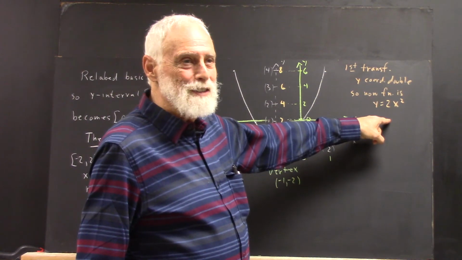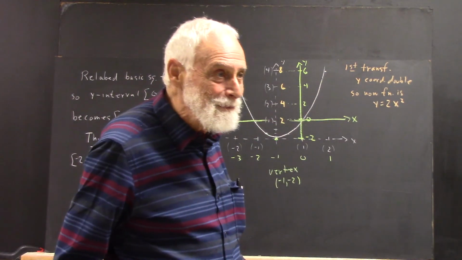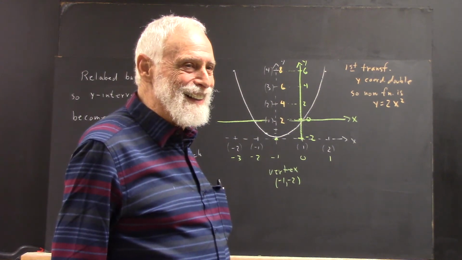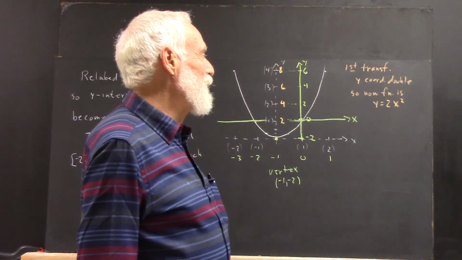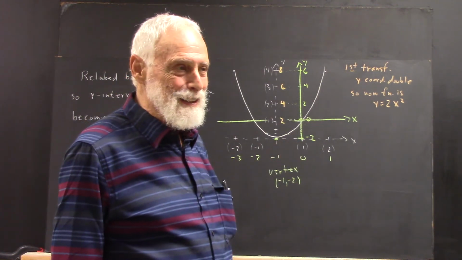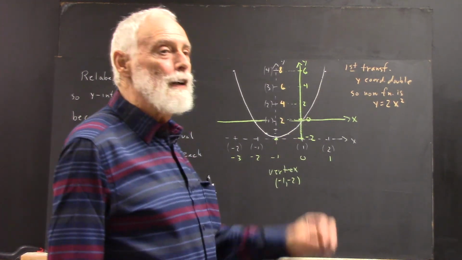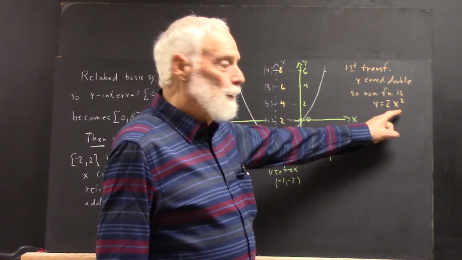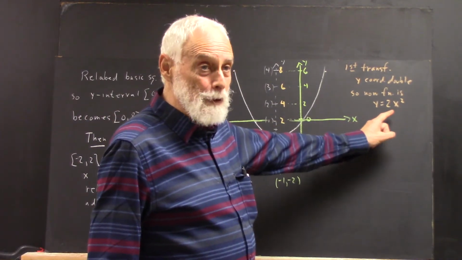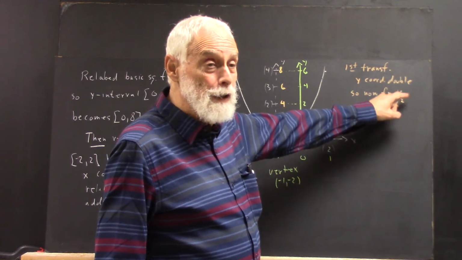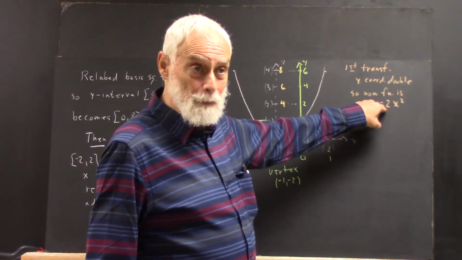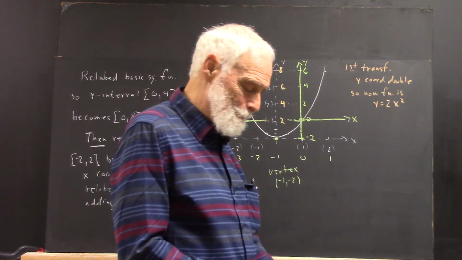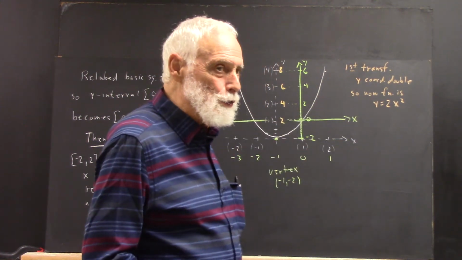That's a common thing. You got to follow the order of operations. The 2 doesn't get multiplied by x. The 2 gets multiplied by x squared, because you do the exponent before you do the multiplication. Very important. So you get 2x squared.